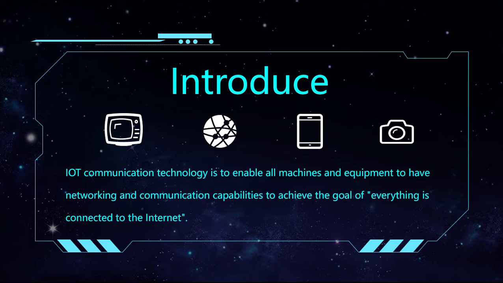But now, only computers, mobile phones, and some other information equipment have this kind of communication and networking capabilities. In general, machines and equipment, such as household appliances, hardly have networking and communication capabilities.